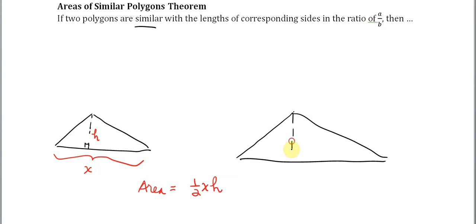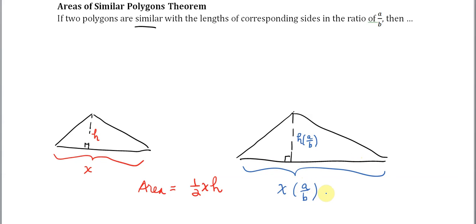So we have this height here, which is going to be h times a over b, because this is going to be our scale factor here. And then down here, instead of a value of x, it's going to be x times a over b.